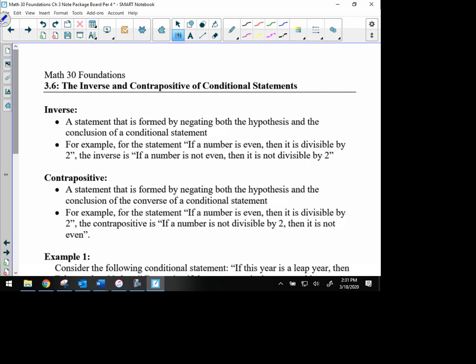So we've already talked about the converse of the conditional statement, and now we're talking about the inverse and the contrapositive.